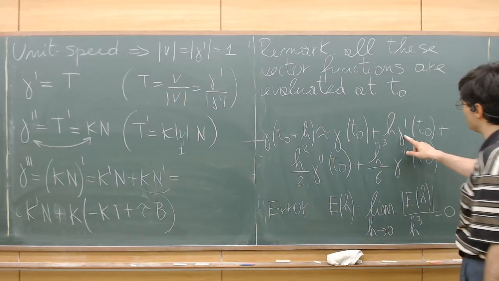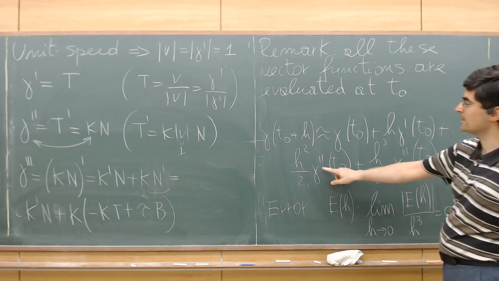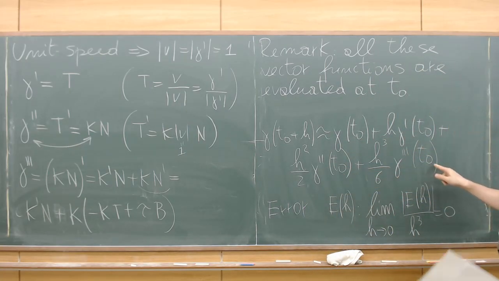We need gamma prime of t0, gamma second of t0, and gamma third of t0.